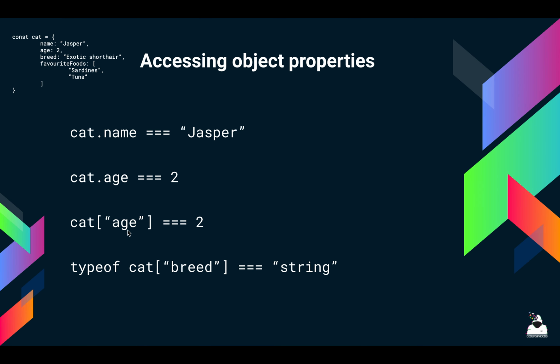They are actually turned into strings. So we can pass a string into square brackets, and that will allow us to dynamically access a key on an object. Writing it like this with age is stupid. You would never really do this.